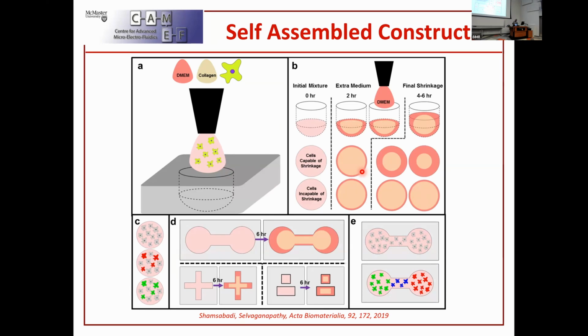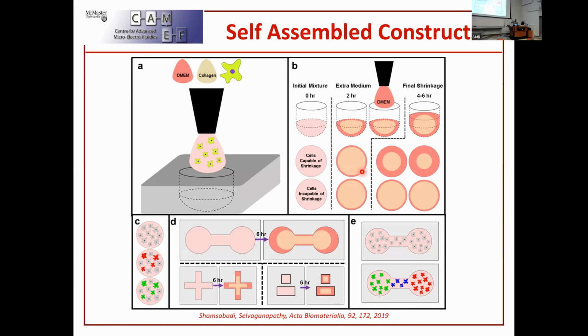And one of the techniques that we came up with was this self-assembled constructs. So collagen, as you change the pH to more basic, excludes water and self-assembles itself into sort of a triple helical structure, and that then creates a much more solid construct, which you can handle very easily.